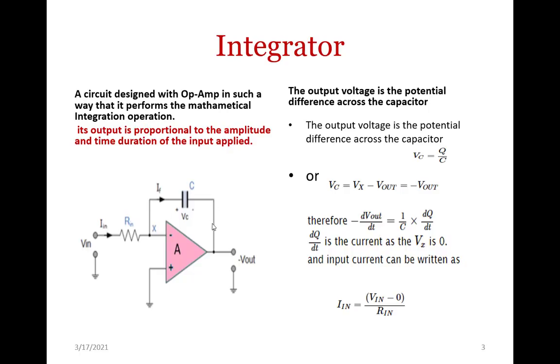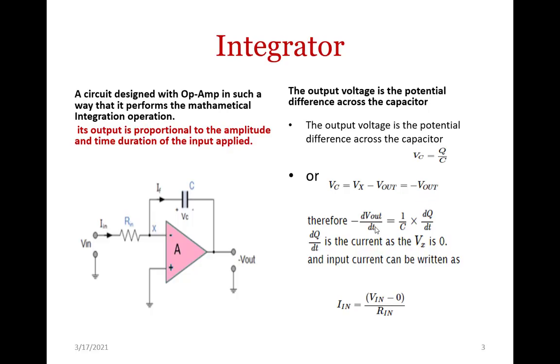So, this point is connected to the output voltage and therefore, it is V out, and this point is actually connected to the node X and we call it as Vx. So, the voltage across the capacitor is given by Vc is equal to Vx minus V out, because the current flows from X towards V out. And as we have discussed already, Vx is virtually equal to 0, and therefore, the voltage across the capacitor is given by minus V out.